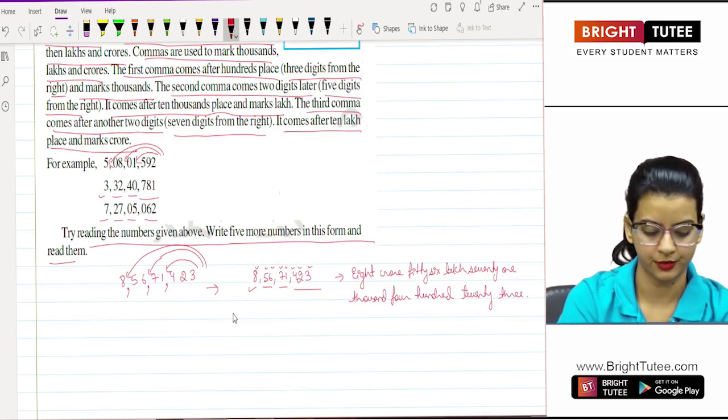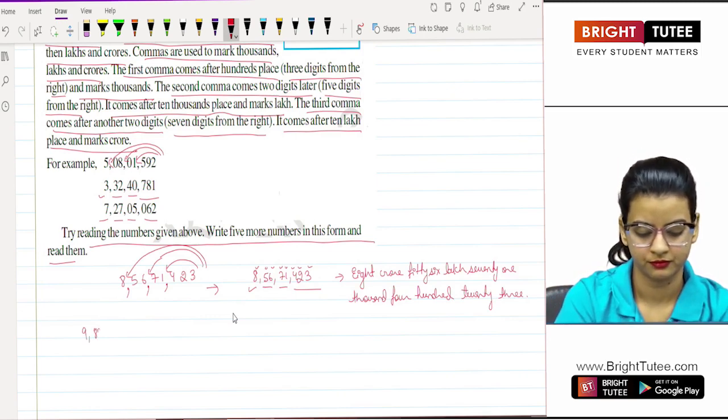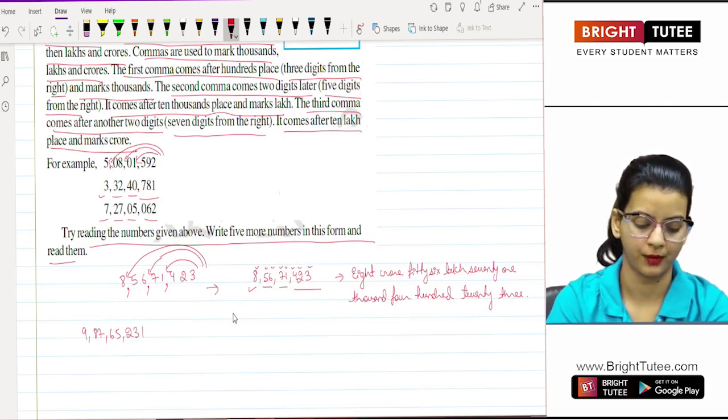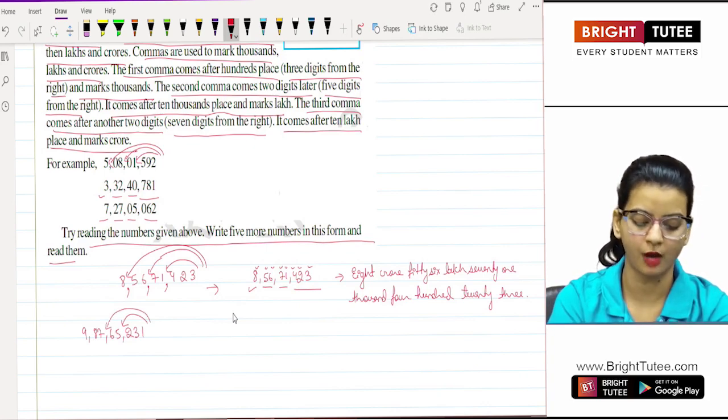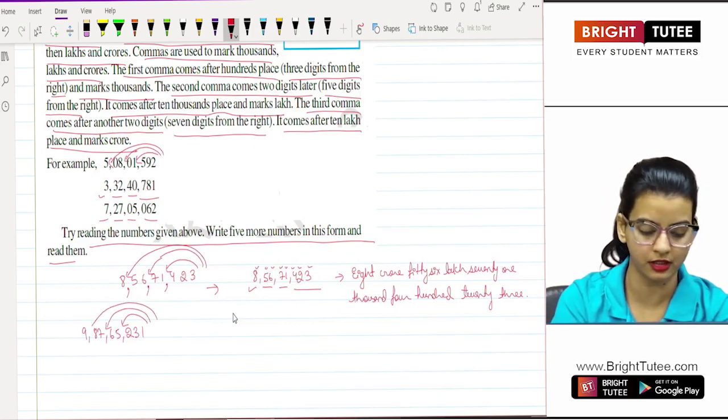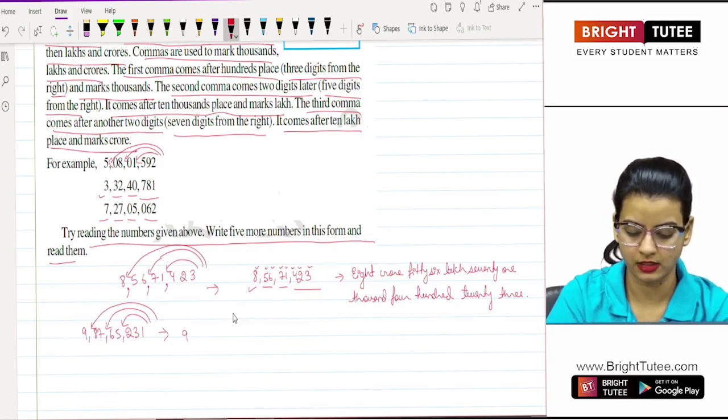Let's write another example. So you see the first comma has come after 3 digits, the second comma has come after 5 digits and the third comma has come after 7 digits from the right. So this is 9,87,65,231.